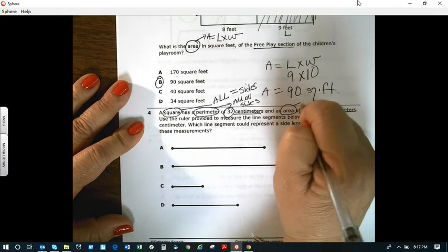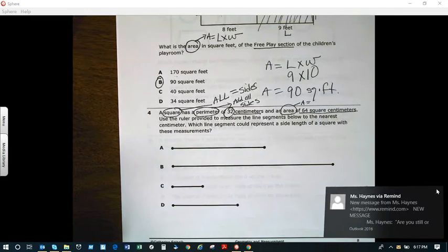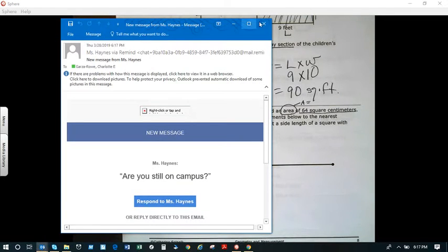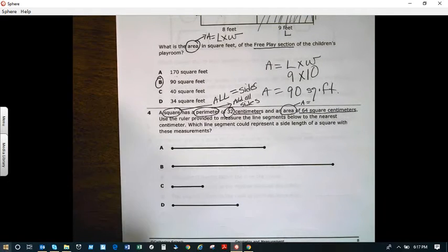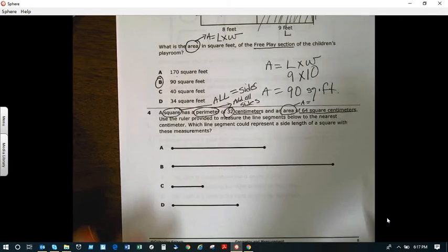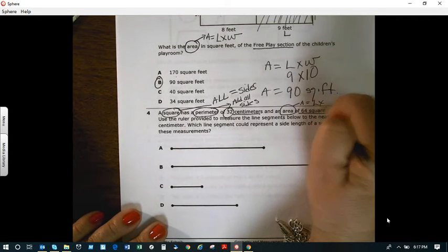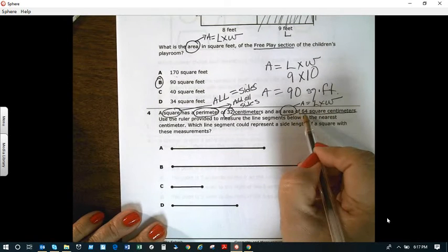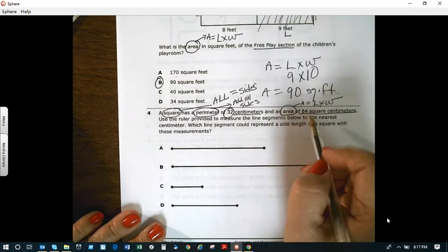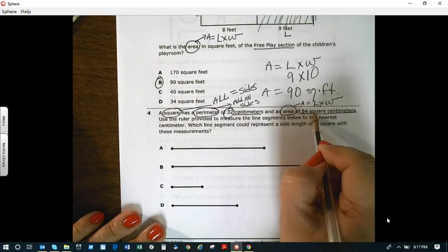Area equals length times width. Length times width. Okay, so I have an area that's equal to length times width, and that's going to be 64 square centimeters.